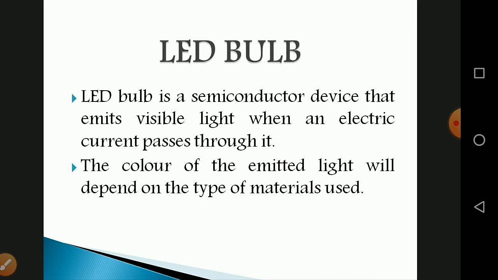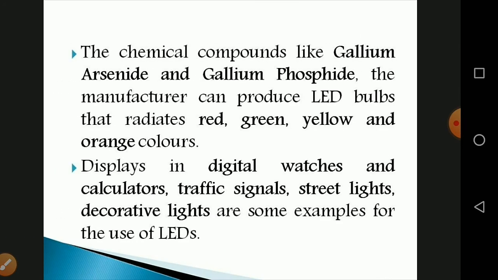With the help of chemical compounds like gallium arsenide and gallium phosphide, the manufacturer can produce LED bulbs that radiate green, red, yellow and orange colors. The displays in digital watches and calculators, traffic signals, street lights, decorative lights, etc. are some examples of the uses of LED bulbs.